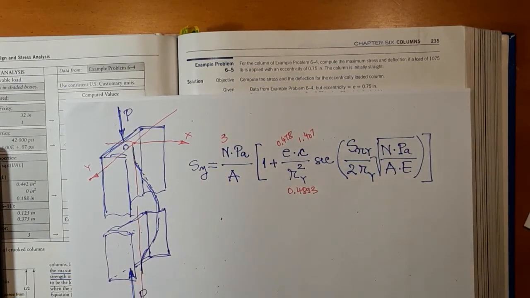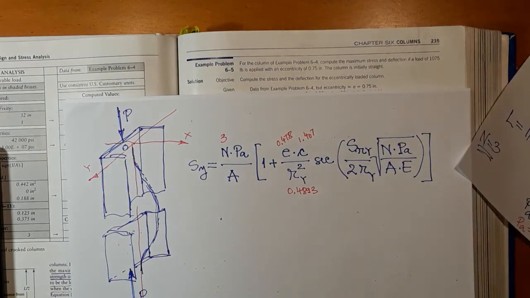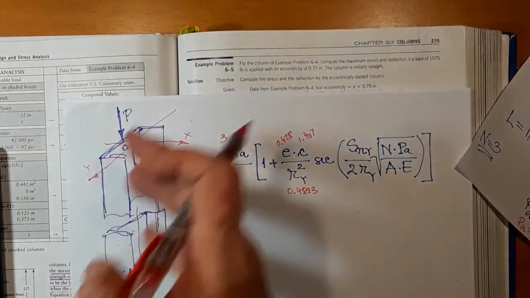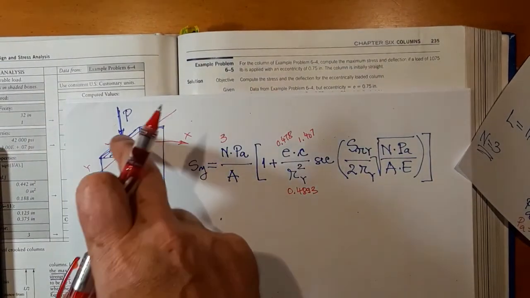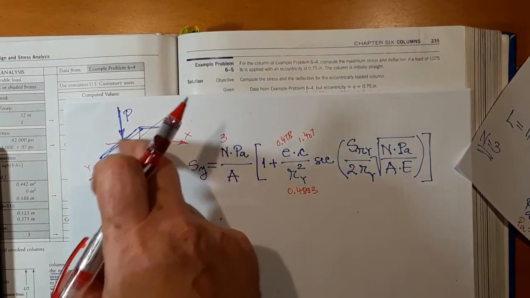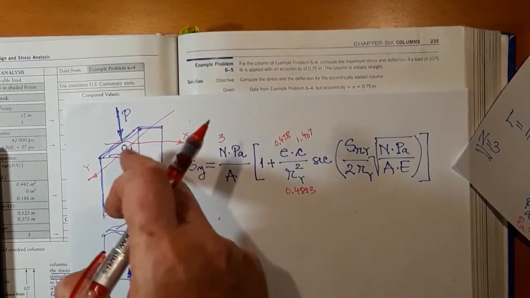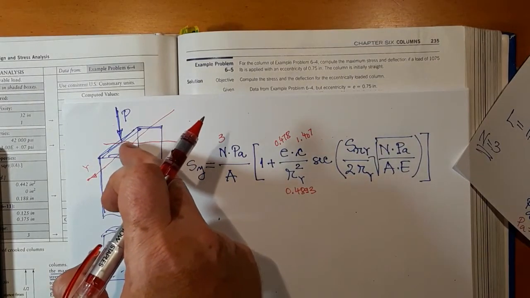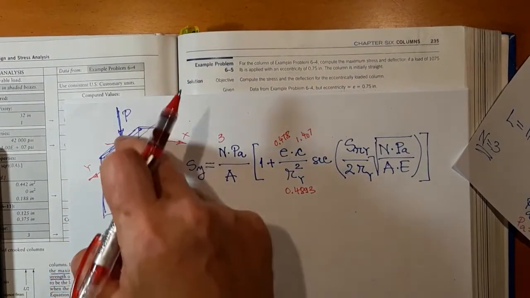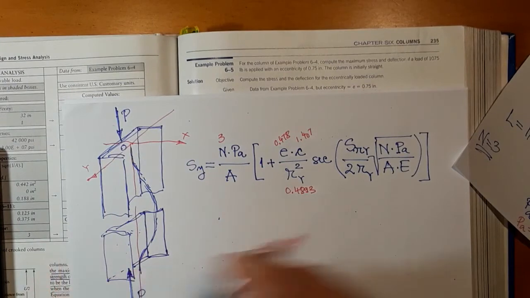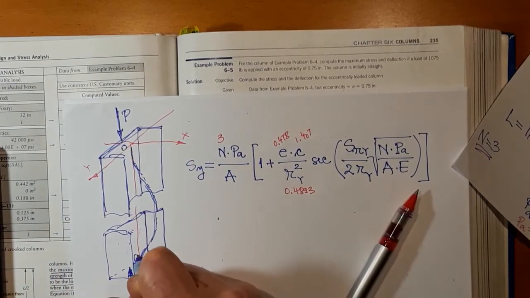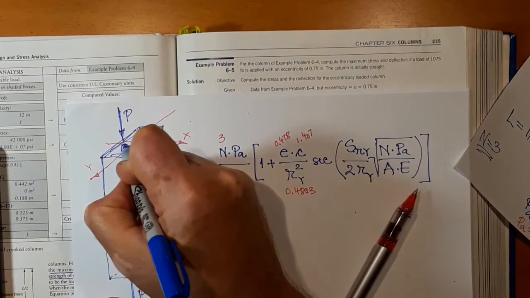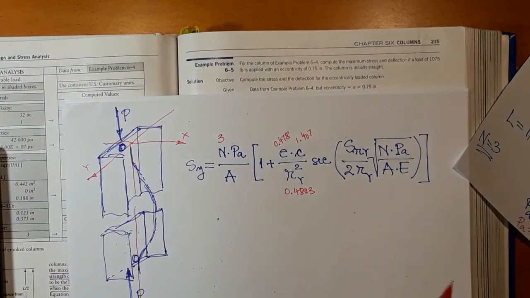Slenderness ratio, that's calculated. Again, we have the two pin ends, so it's not going to make use of the rotation allowed by the pin for fixed ends.